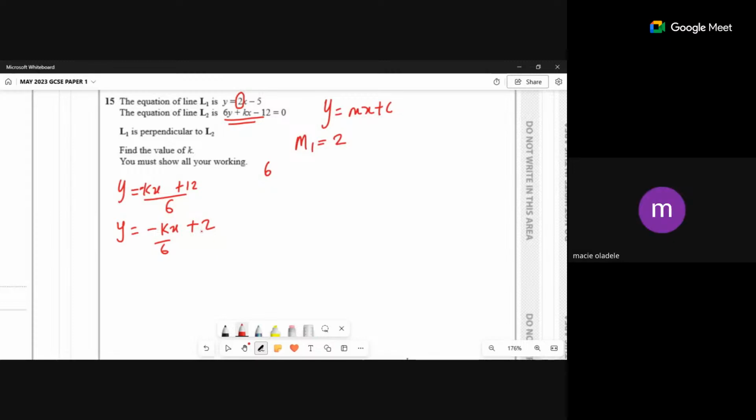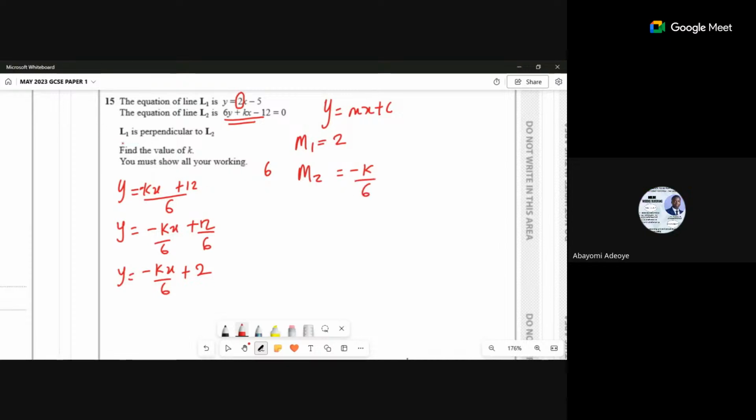So this is where the 2 is coming from. This is y equals negative kx over 6 plus 2. So what's the second gradient? You don't have the x. It's just negative k over 6.